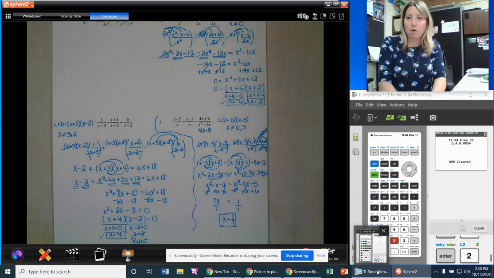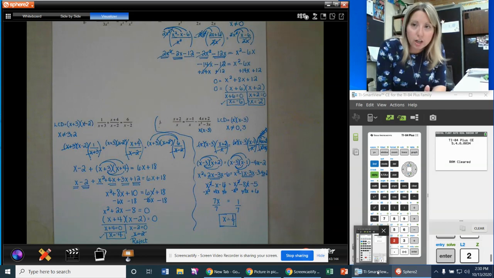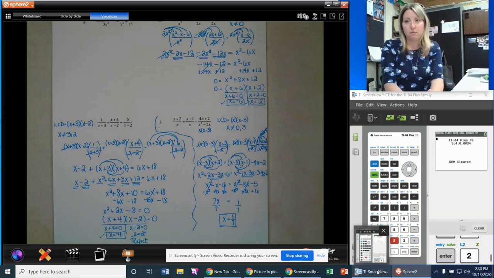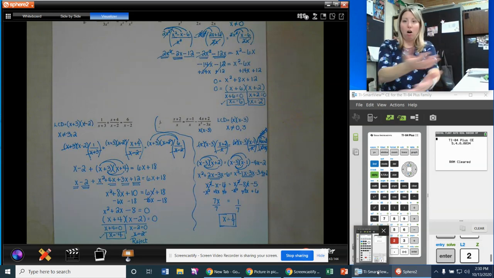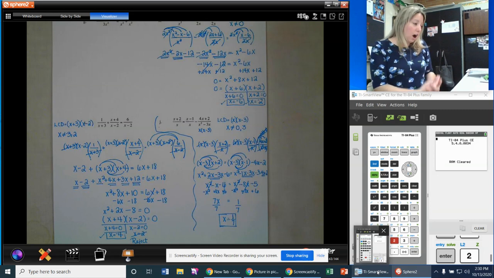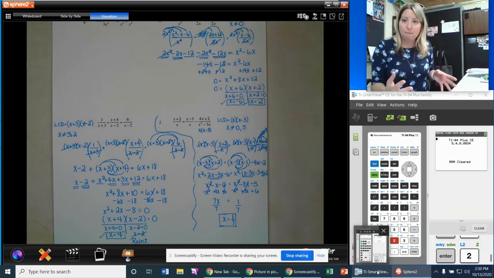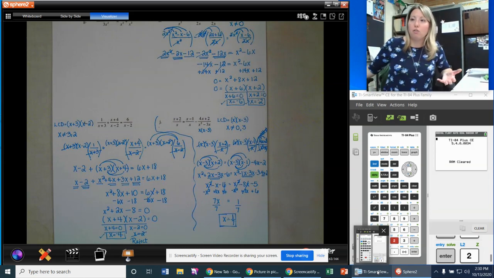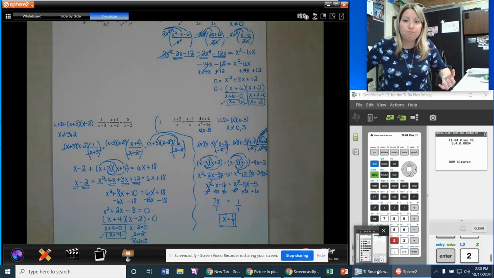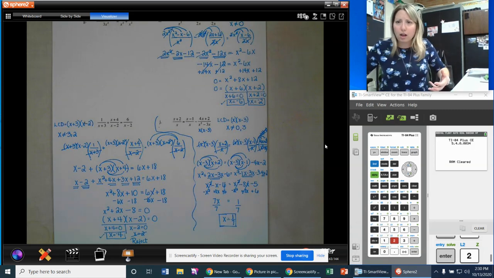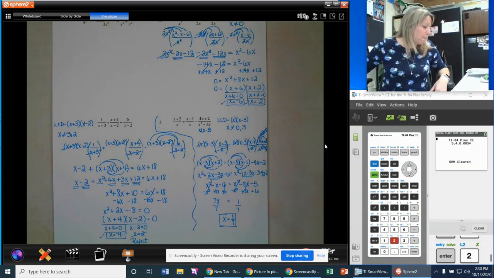Please make sure you ask questions. Rewrite the LCD times each piece. I'm going to go over all 5 lessons on the review. So I'm going to do a separate video for that, even though I don't normally do that. But we've had lots of different equation solving, and I want you to be proficient in all of those equation solvings, right? We're starting to add that Algebra 2 level to our work, okay?